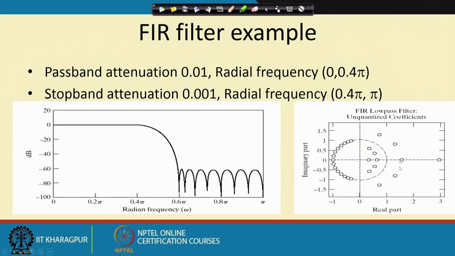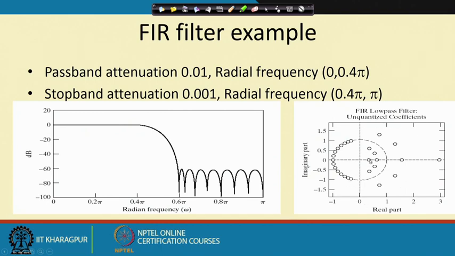This is the corresponding filter response, and this is the pole-zero plot, considering the unquantized coefficients.